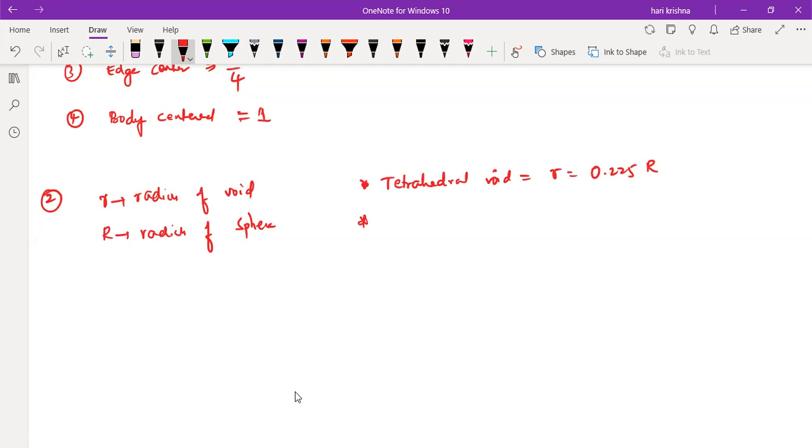What about the octahedral? What is the radius ratio formula in the case of octahedral?